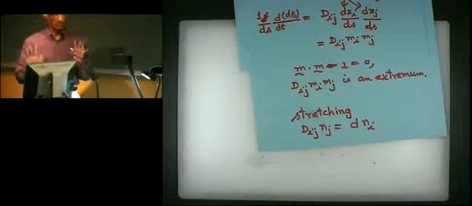can you say anything about an eigenvalue of D? If the material is incompressible, the eigenvalue in one direction and the eigenvalue in another direction are related by the Poisson's ratio? No. Poisson's ratio has nothing to do with the D. D is strain rate.